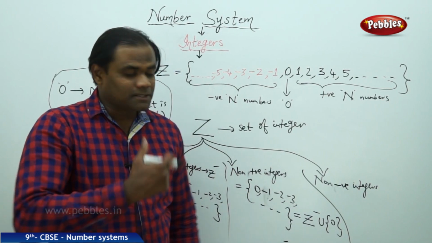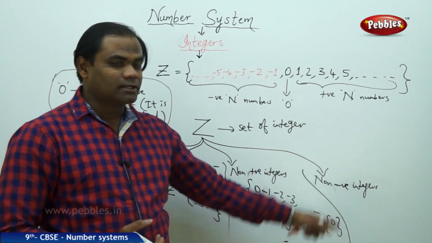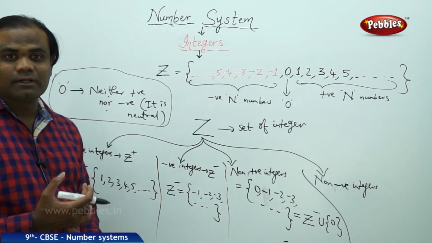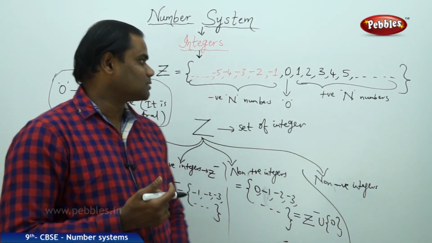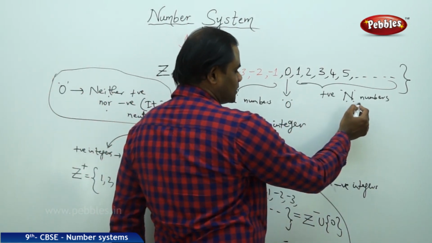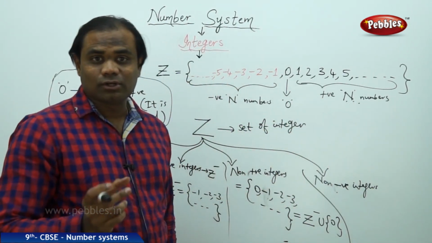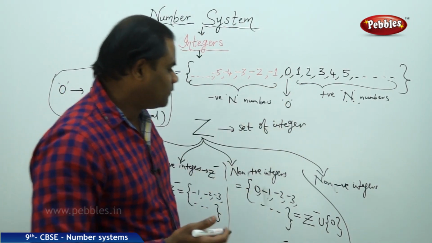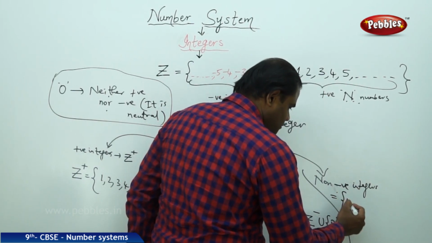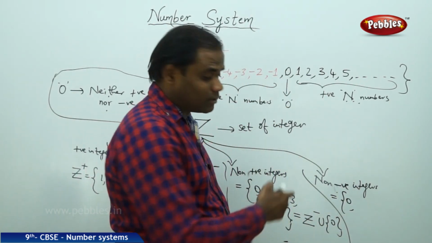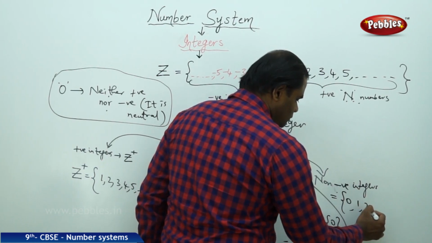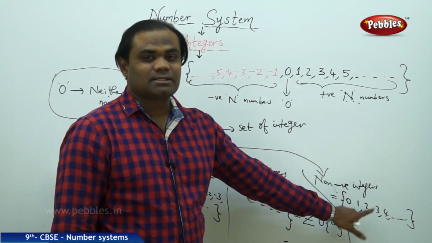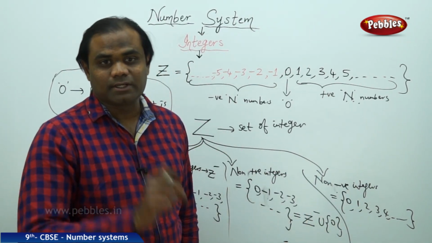Similarly, let's see what the non-negative integers define. As we clearly know, non-negative indicates all the positive numbers, so all the positive natural numbers come under the branch of non-negative integers, including 0. Therefore, if I have this set which includes 0, which is neither positive nor negative, and 1, 2, 3, 4, etc. till infinity, then this set is the non-negative integer set.